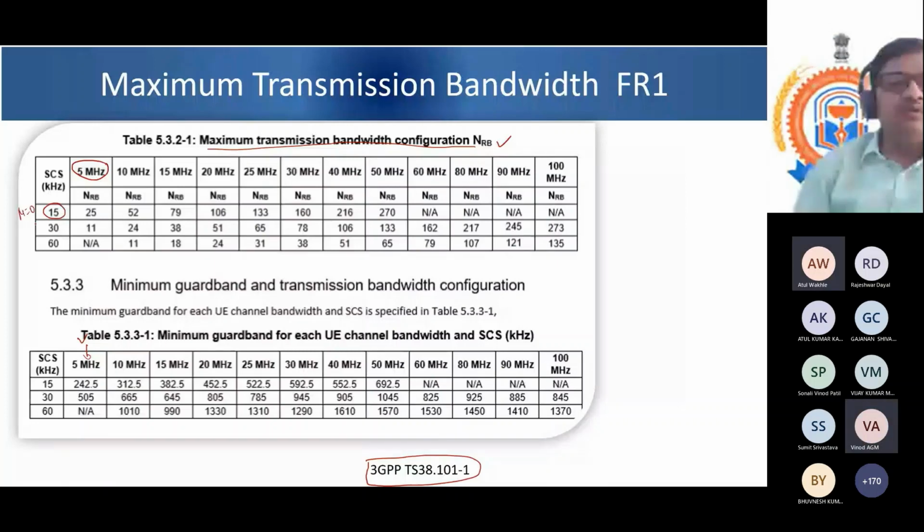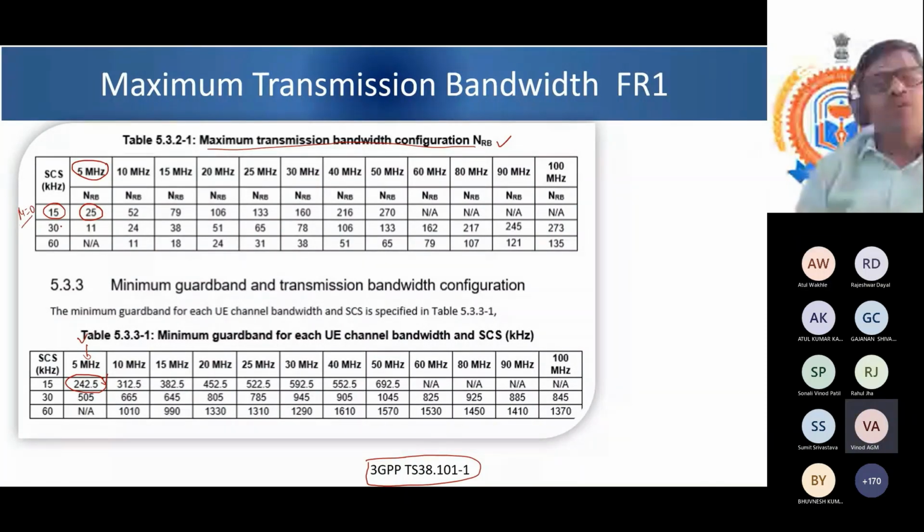For numerology 0, my guard band is this much, 242.5 kilohertz. So I will remove 5 megahertz minus this twice, and whatever is left, I will divide by 12. So I'll get number of RB. So if you do this calculation, you'll get 25 RB. So in 5 megahertz, you will have 25 RB in case you are using numerology 0.